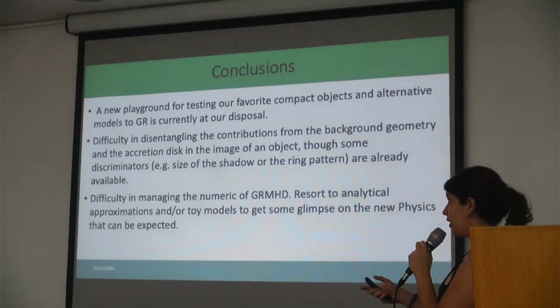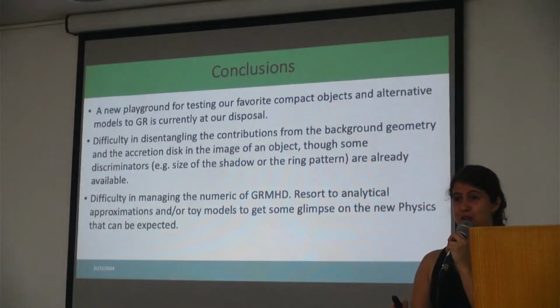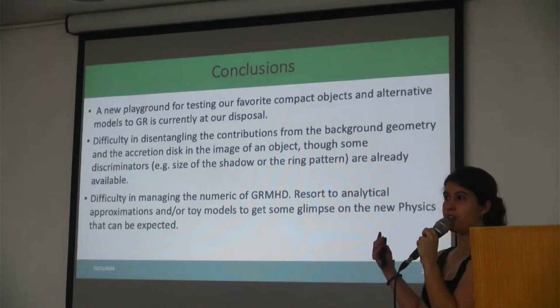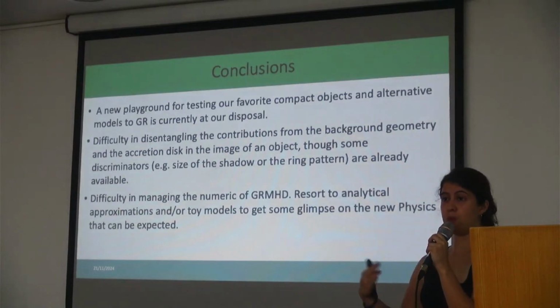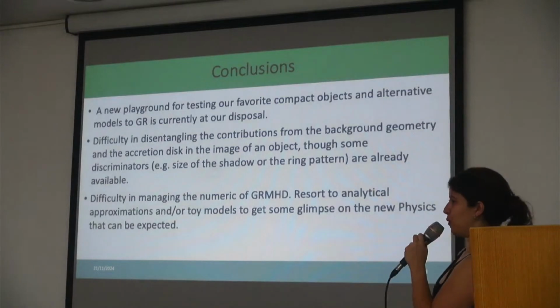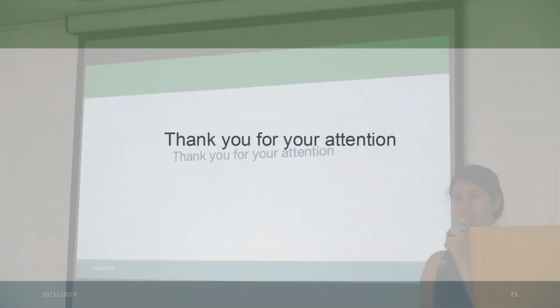Because, and perhaps I'm going too far, these GRMHD models are very tuned to what they see in the EHT collaboration. So if we add a different type of geometry, we would be spoiling this fine-tuning in a way. So thank you very much.